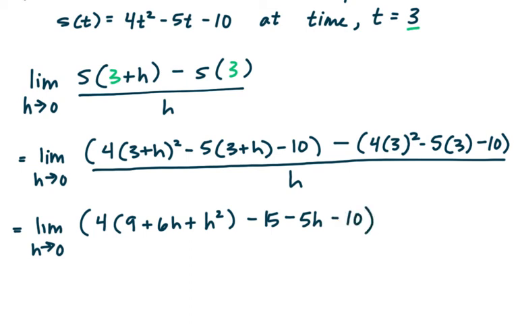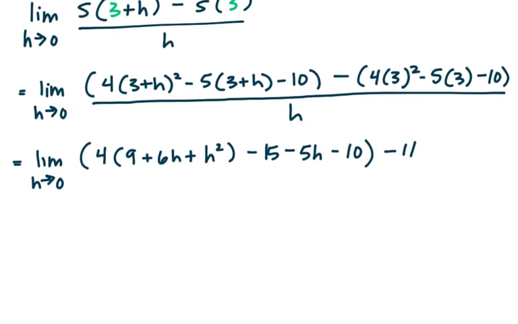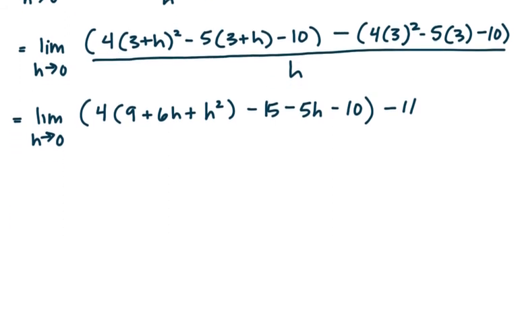And over here, I have 4 times 3 squared, so that's 4 times 9, 36. 36, take away 15, take away 10, 36, take away 25. That should leave me with 11. So I have minus 11 here. Again, this is still all divided by h.